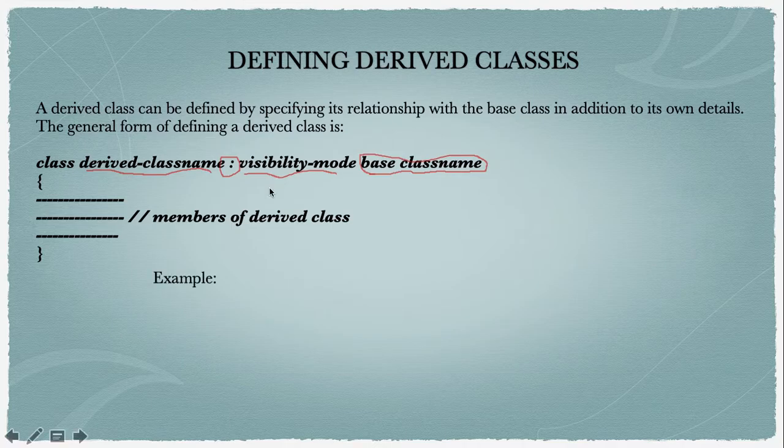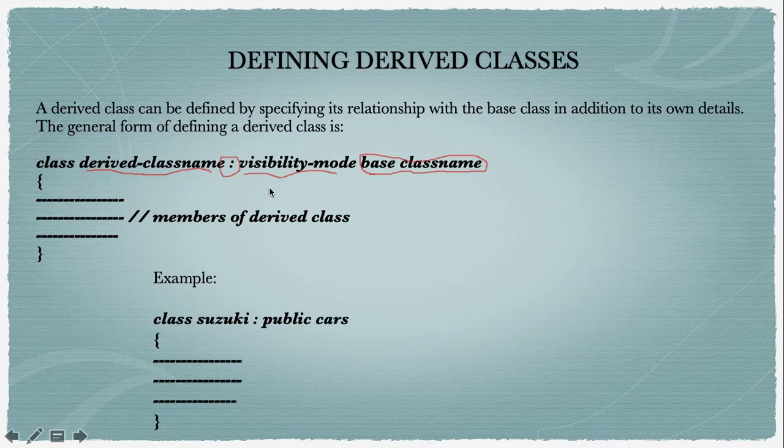Let's see one example. I want to define a class called Suzuki and I want to derive it from Cars. Then I have to specify it like this. We define a class with the keyword class and give the class name Suzuki, and I want to derive it from Cars.